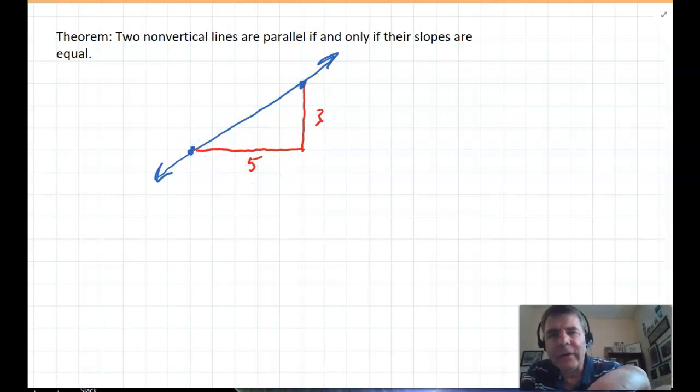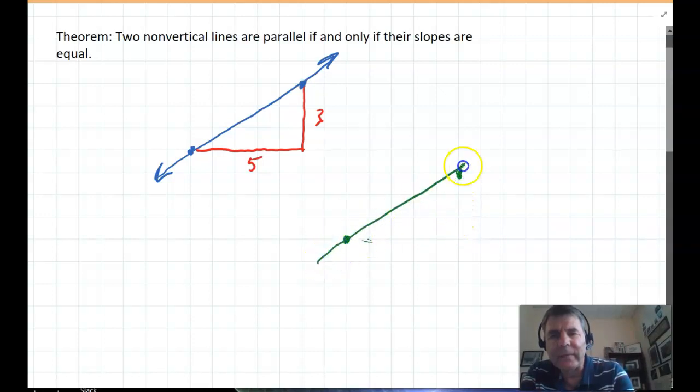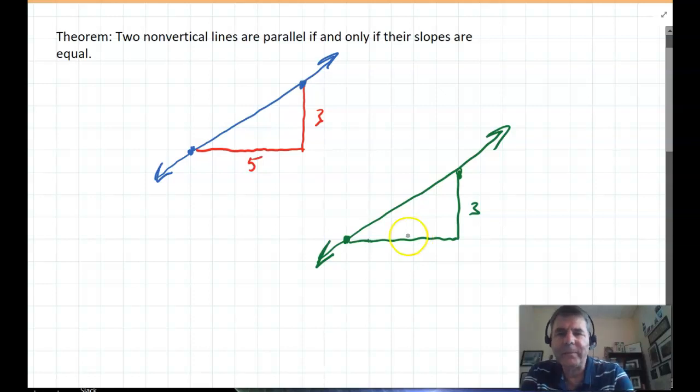Then if I draw another line down here and I go 1, 2, 3, 4, 5, and then up 3, these 2 lines are parallel. They will never intersect. They have the same slope.